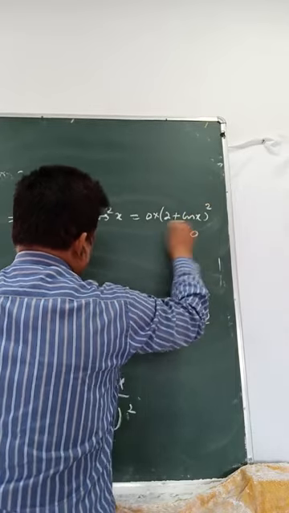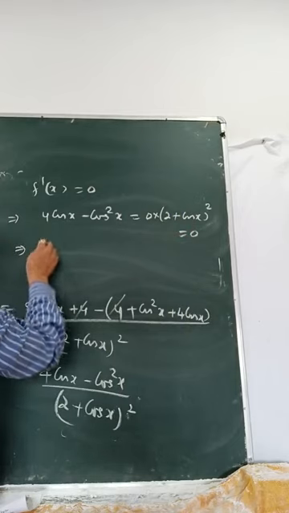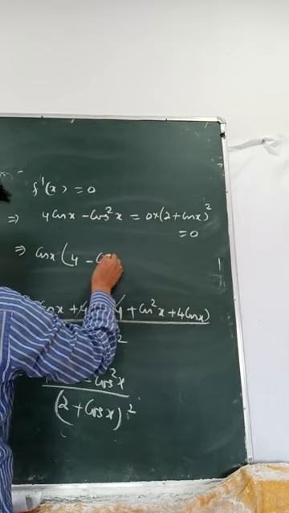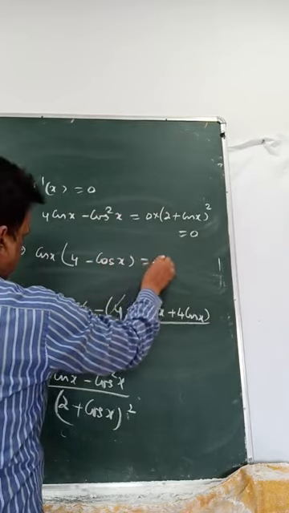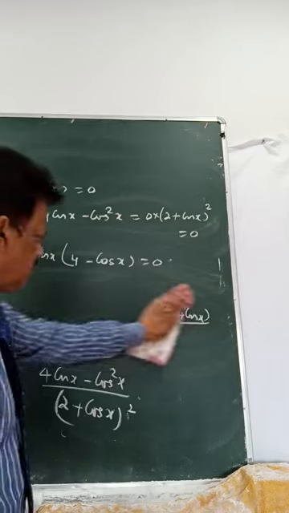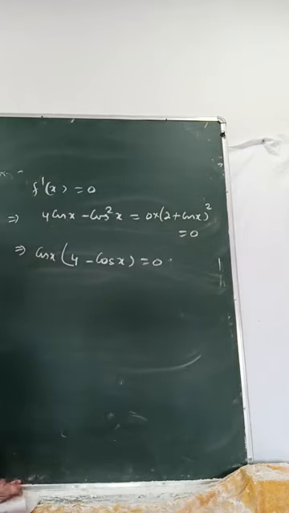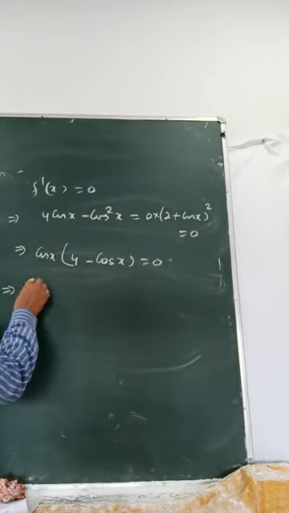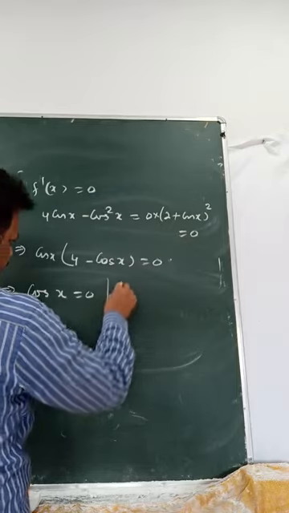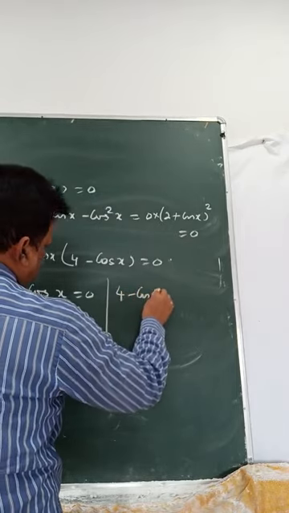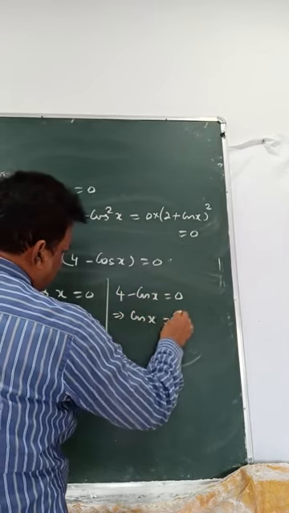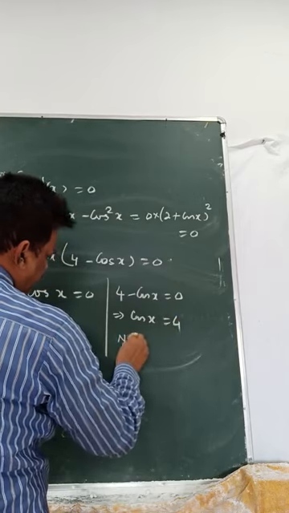Now if I take cos x common, 4 minus cos x equals 0. So this implies cos x equals 0, or 4 minus cos x equals 0, which implies cos x equals 4. Not possible.